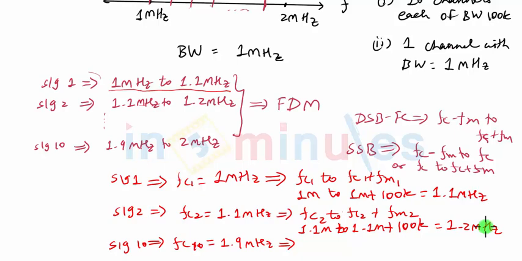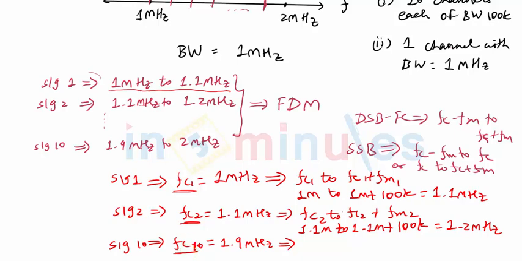So that will be the last frequency slot. This is how frequency division multiplexing can be achieved with the help of modulation, in which we use different carrier frequencies. And we use single sideband modulation so that we can make maximum use of the available bandwidth, as a single sideband signal requires half the bandwidth compared to double sideband.